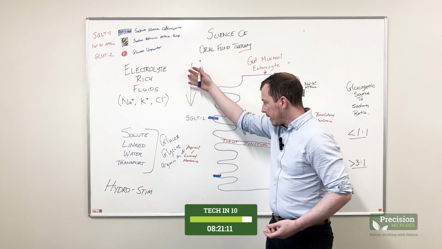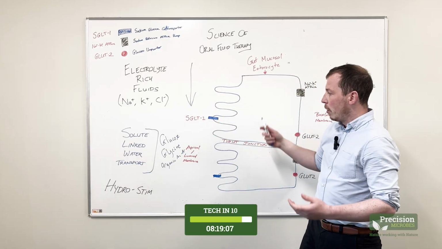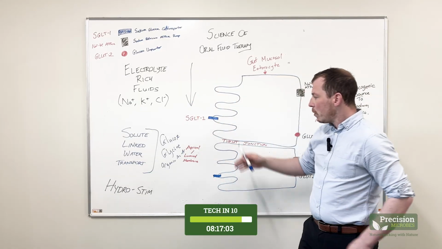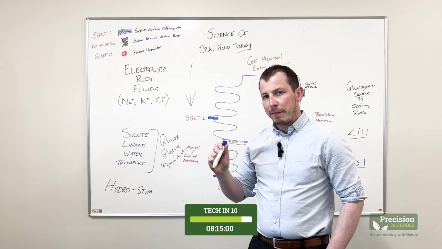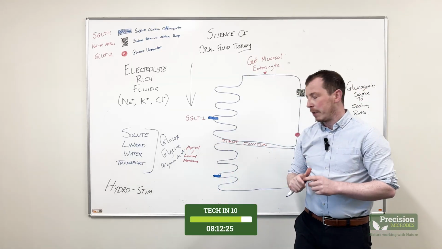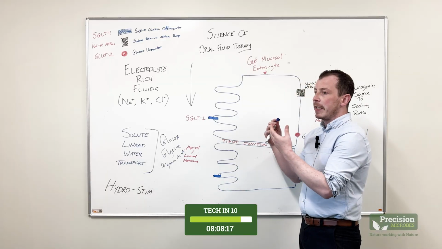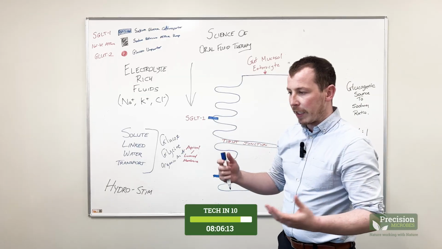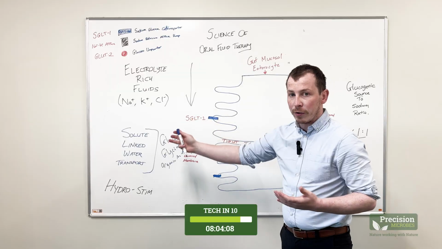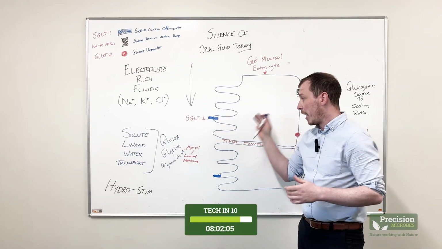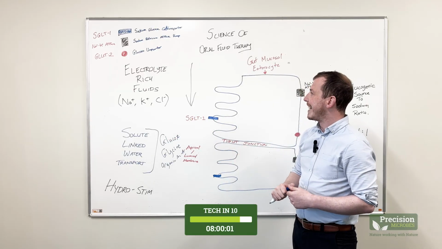Now, while this electrolyte-rich fluid is coming down here with these solutes, we have a number of surface receptors which are responsible for helping with the absorption here. Now, naturally enough, the initial reaction would be, if we're putting in something that's quite concentrated, it will actually draw fluid out of the body and into the gut itself.